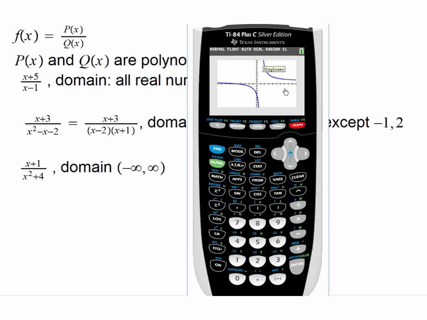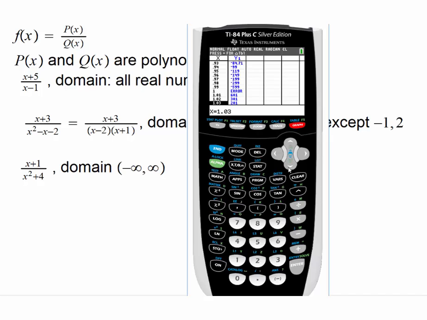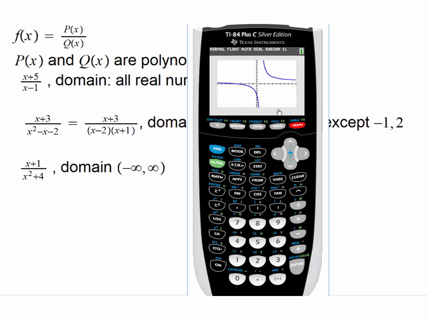On the right-hand side, the moment you go to the right of 1, the values are huge, and then they are decreasing, coming towards 0. So what you notice is that as we approach 1 from the left, the function goes to negative infinity, and as we approach 1 from the right, the function goes to positive infinity.